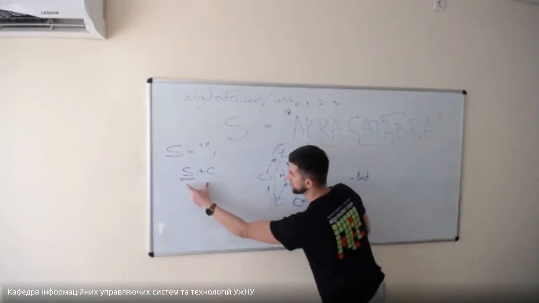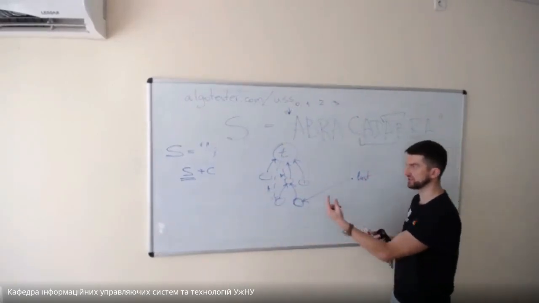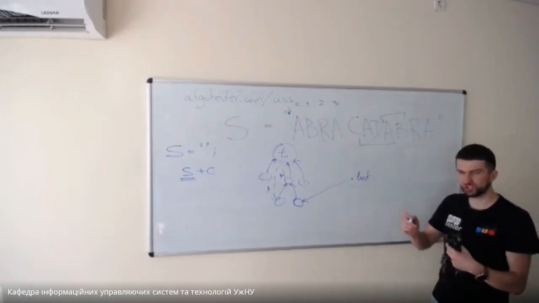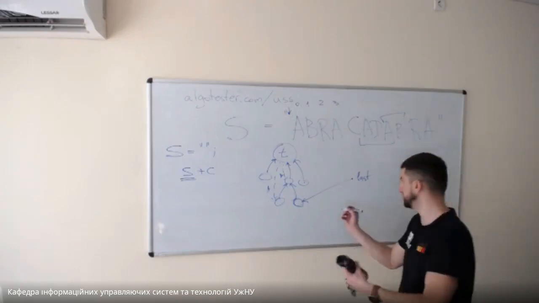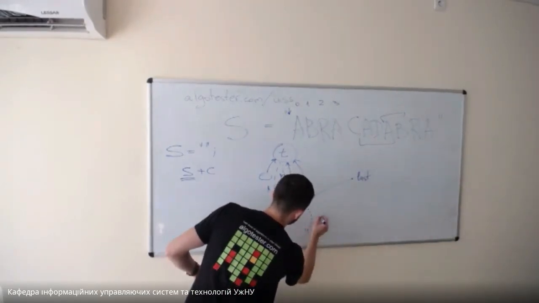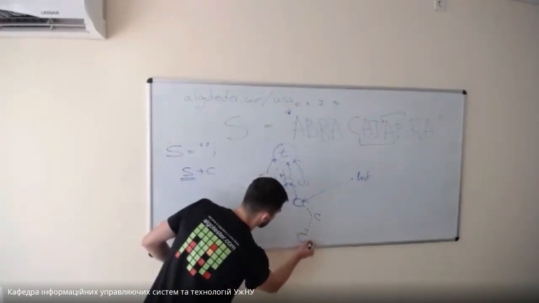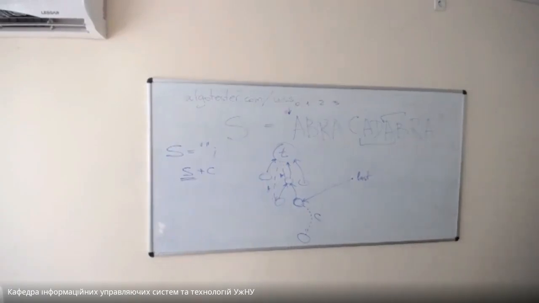We enlarge our string by appending character C. In other words, what we intend to do is to add a transition with letter C from the last state to some new state. So let's do it.